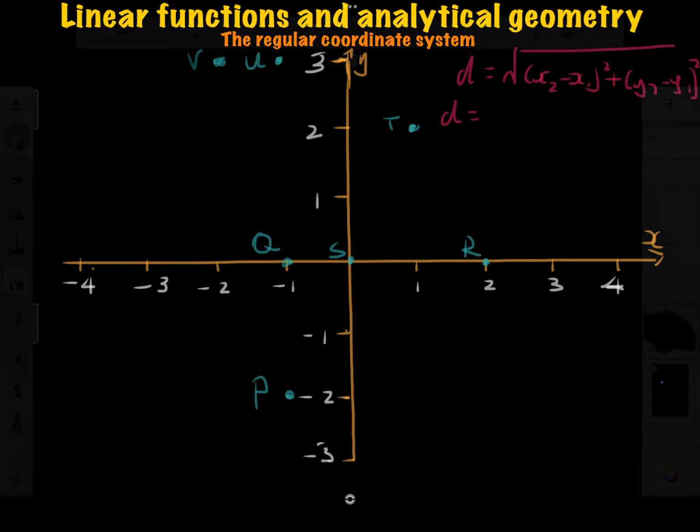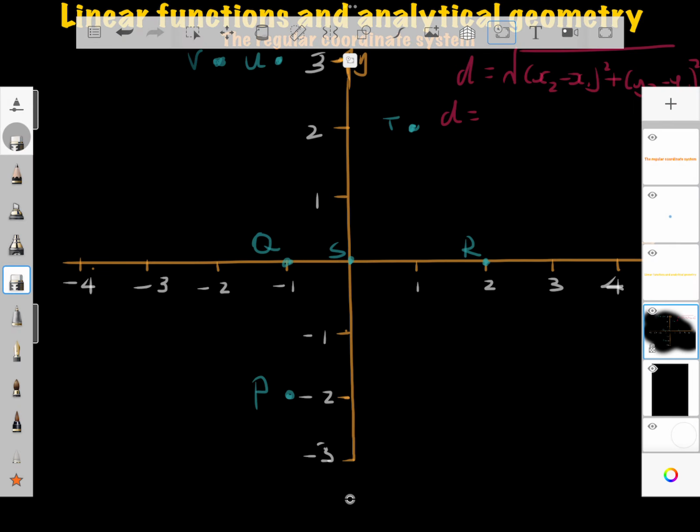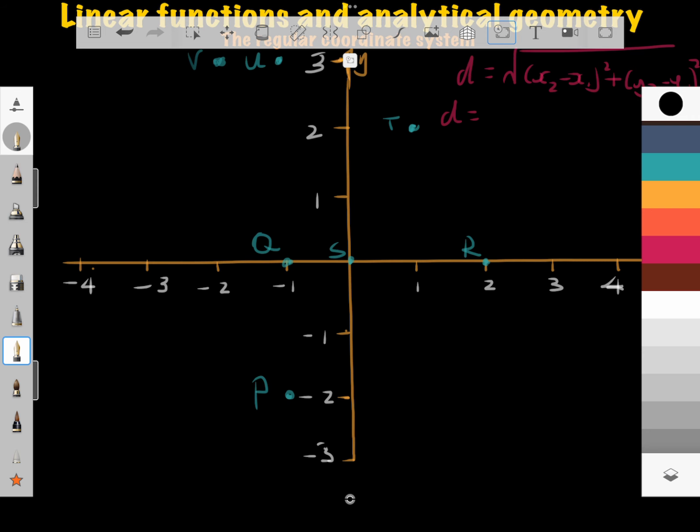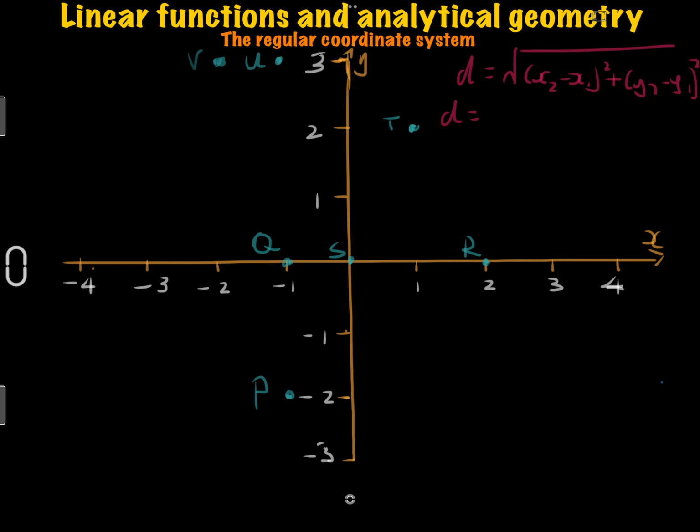Okay, now we're going to find the distance between V and R. So our V in this case, we know that our coordinates for V are, first starting with X, remember?